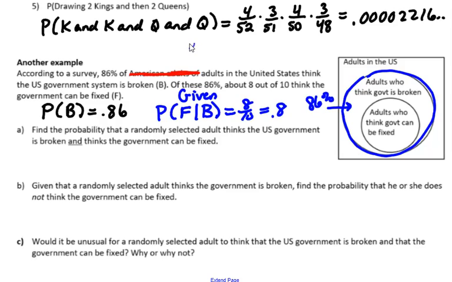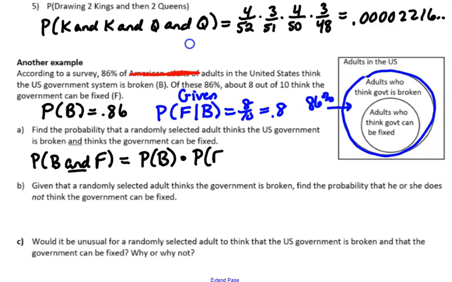This is one of those cases where we have to think about what we are doing with the probabilities. This is actually where the probability formula at the top comes in handy. We can say the probability that the U.S. adult thinks the government is broken and thinks the government can be fixed is equal to the probability that they think the government is broken times the probability that they think it can be fixed, given that they think it's broken in the first place.